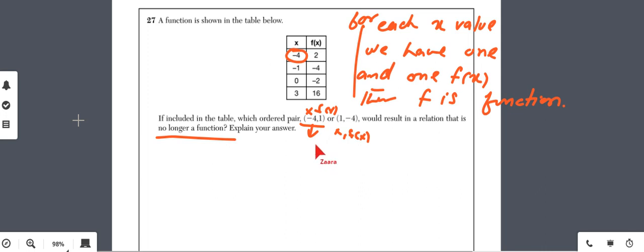The condition for a function, that it will give us one and only one output, will no longer hold. So we will get a relation which is not a function. So how will we answer that?